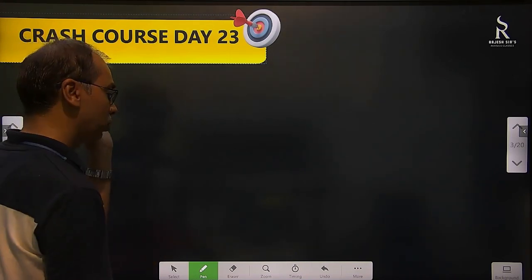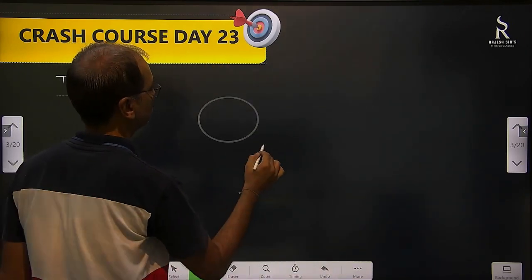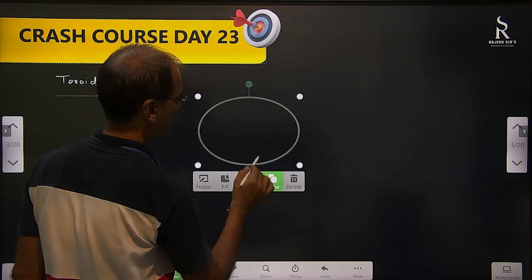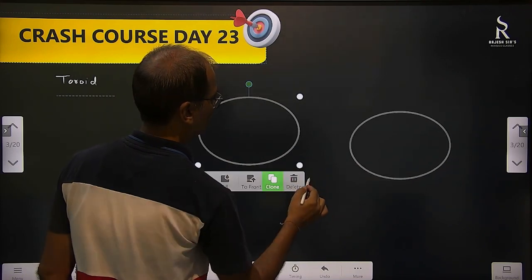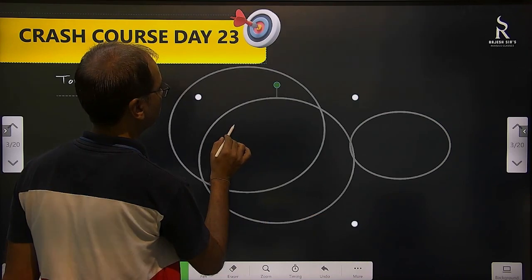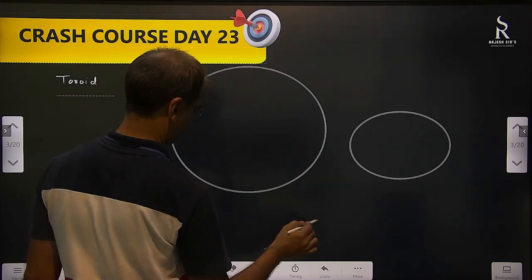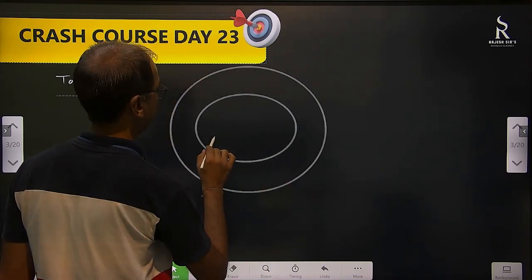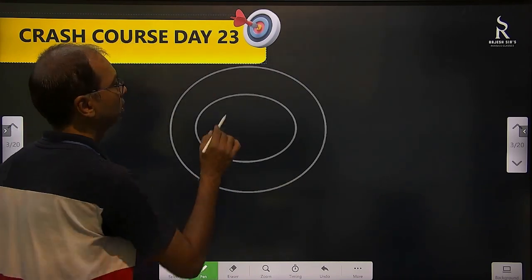A toroid looks something like this, and then there are turns in it.